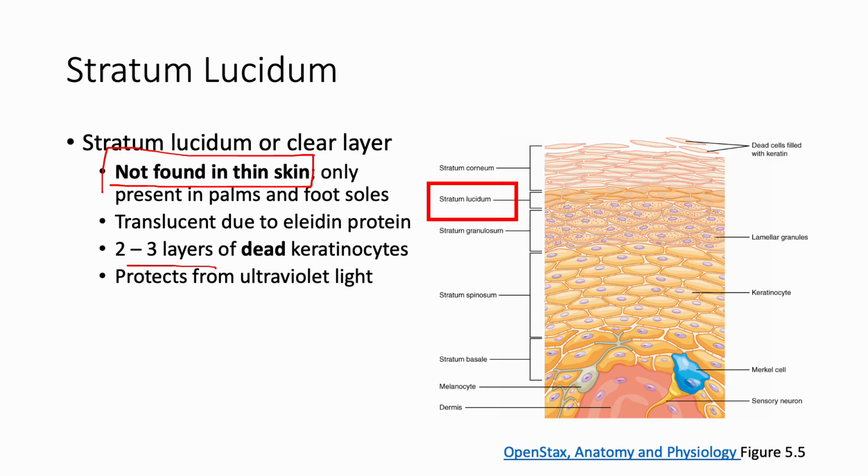Remember, as they go through keratinization and the organelles and nucleus disintegrate, we end up with these dead cells full of keratin. Now, these are important in protecting from UV light in our thick skin. There is a protein here that causes this layer to be translucent. It's called eleidin. It's a protein that is sort of a product of that keratinization process.